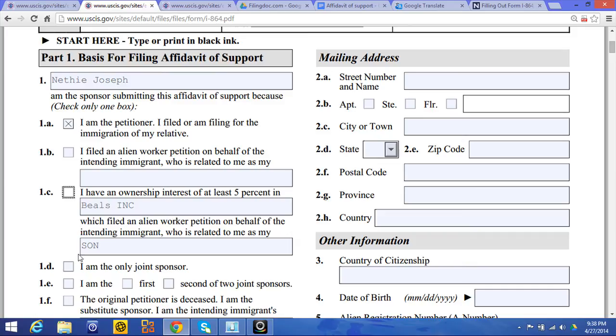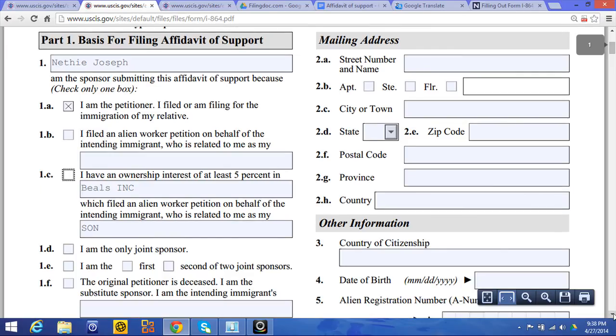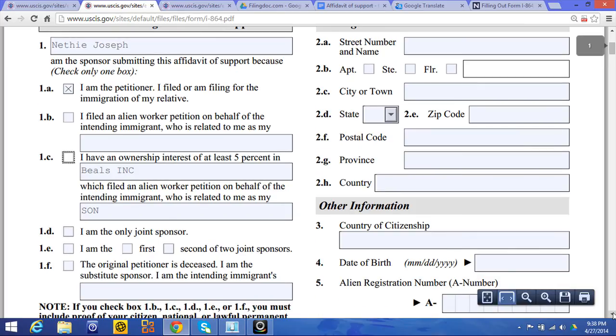Now, what about 1D? Someone else, a friend or a family member, can also agree to file this affidavit of support, like a joint sponsor or a substitute sponsor. 1D is for someone else, for joint sponsor and substitute sponsor.